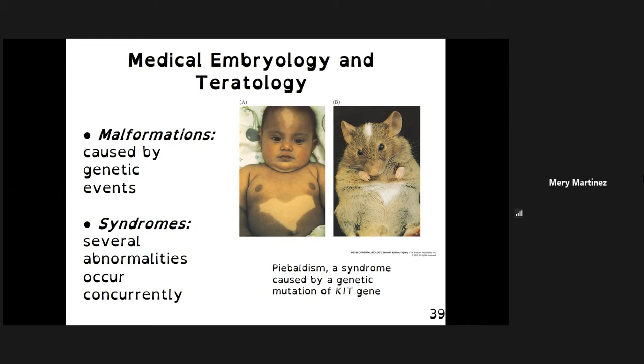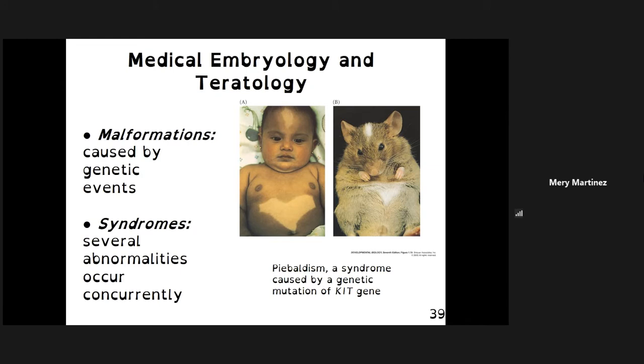So there are many things that can cause them, but they are mainly genetic events. Syndromes are the expression of malformations. So malformations often appear as syndromes. What does that mean? That we can have several abnormalities that occur at once.